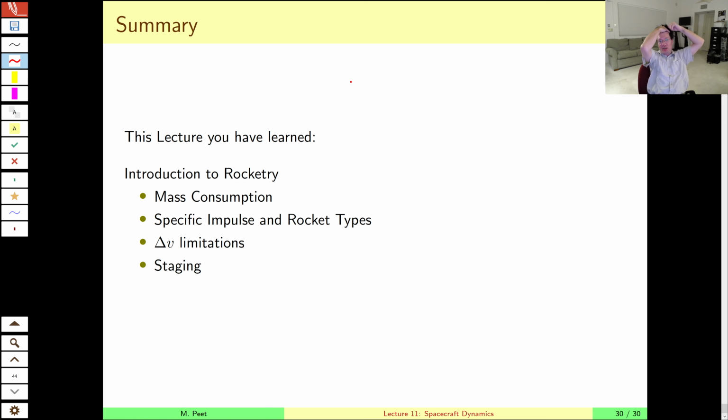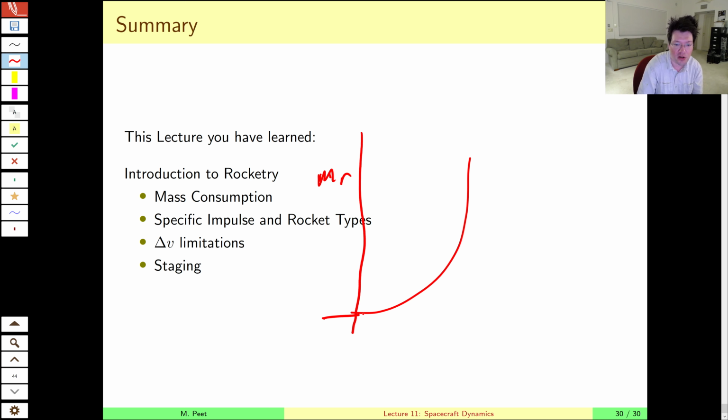And then of course, if you need delta V to get to Mars or what have you, there's an exponential increase in the required mass of the rocket as a function of total delta V budget.